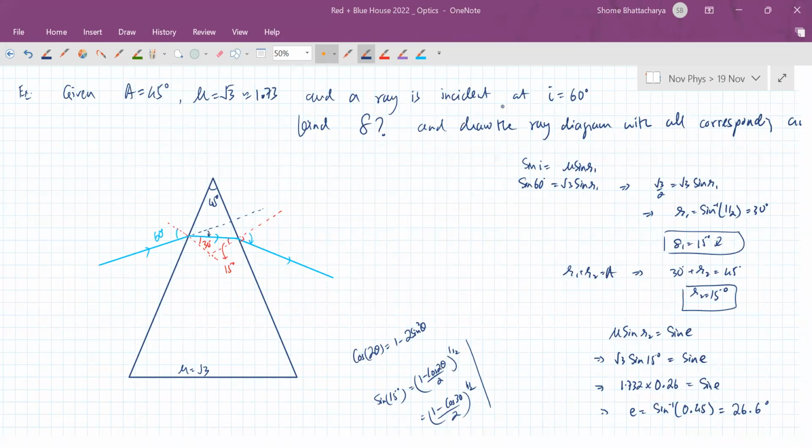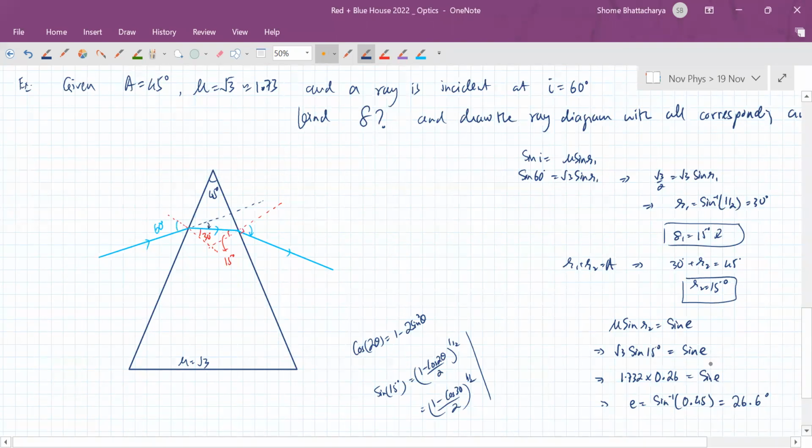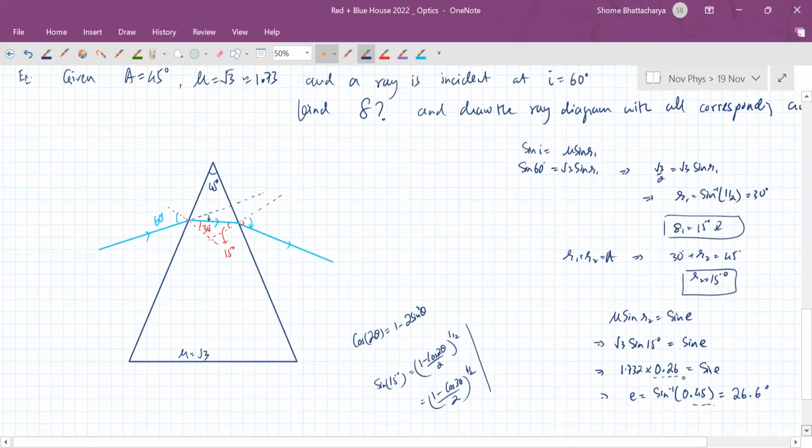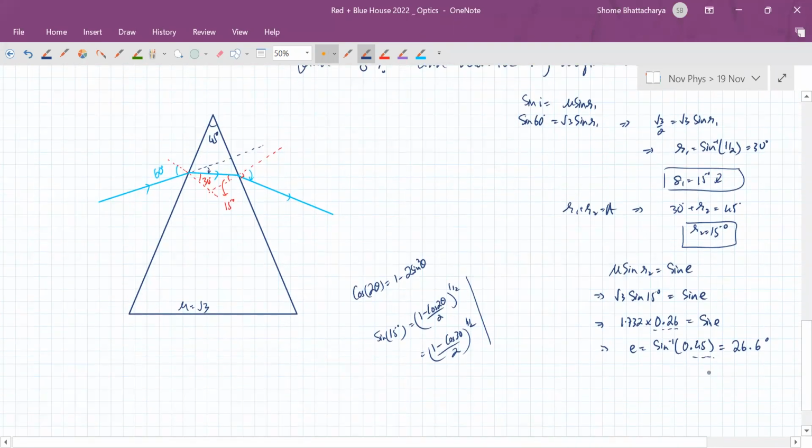So I made use of a calculator twice. At the exam you'll either be given values which you know, or the corresponding sin and cos values will be given to you, sin and sin inverse in this case. So in this step and again in this step I made use of a calculator. Anyhow, I'm getting the angle of emergence as 26.6 degrees approximately.